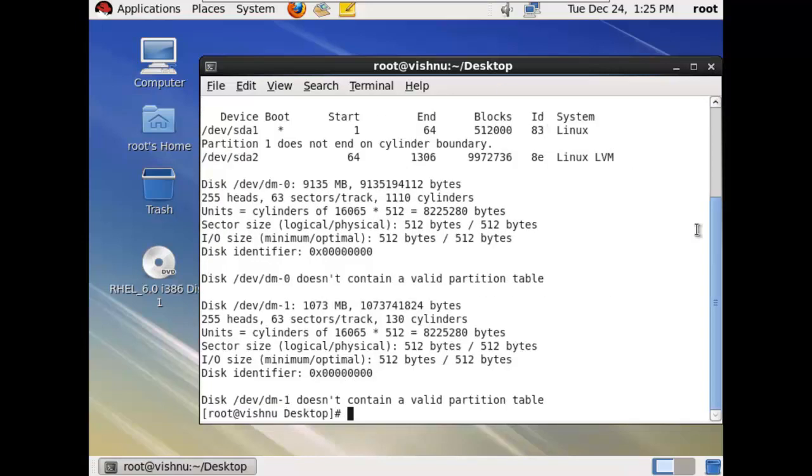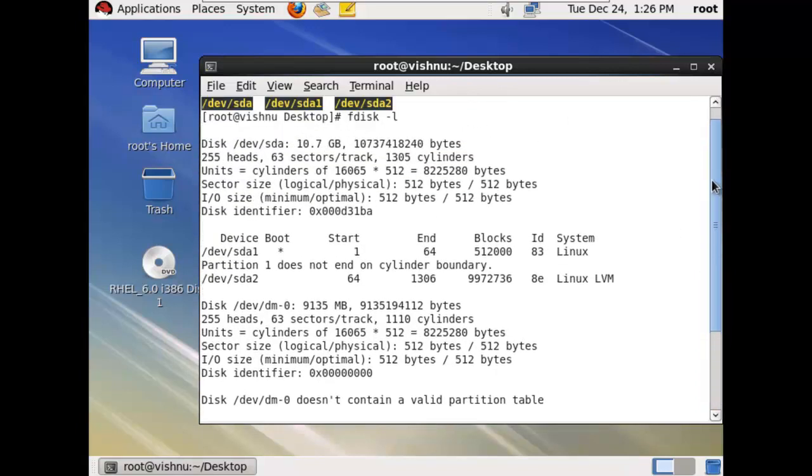Try to understand some of the important things in the report that is being generated here. Your SDA, which represents your physical hard disk, has a full size of 10.7 GB.